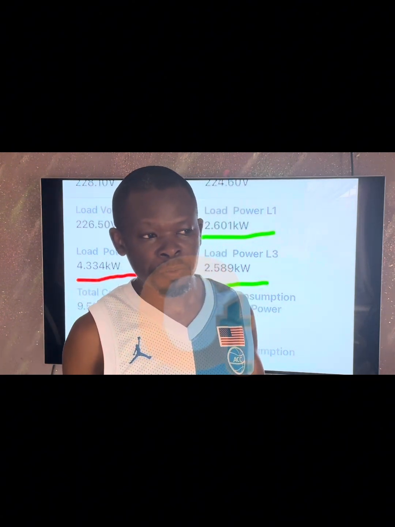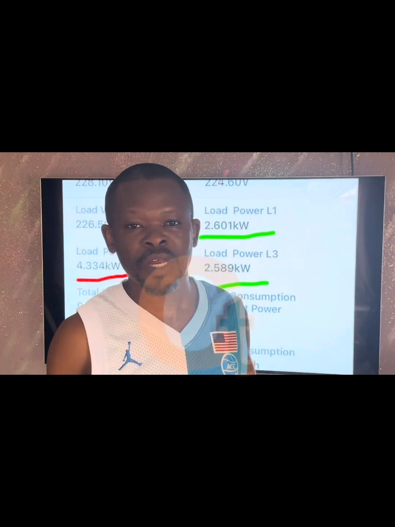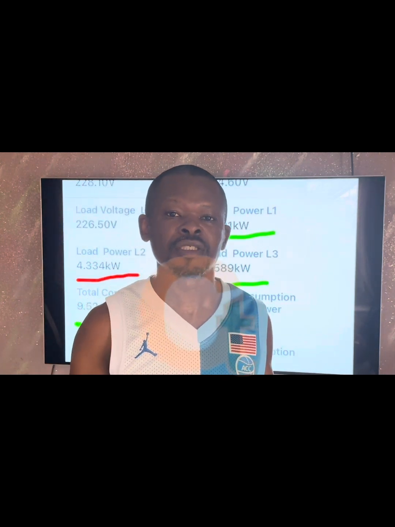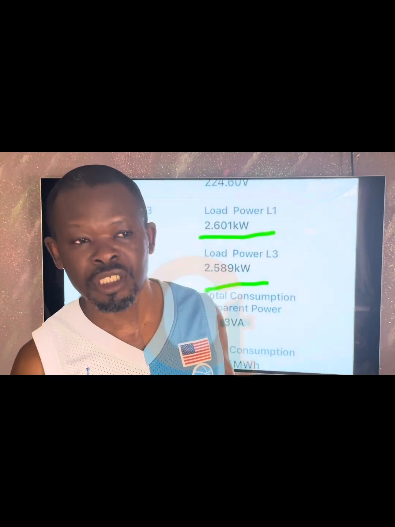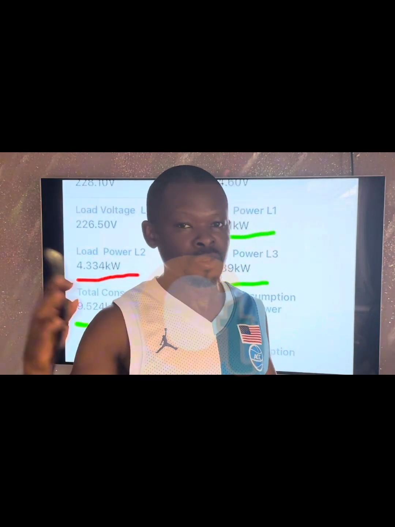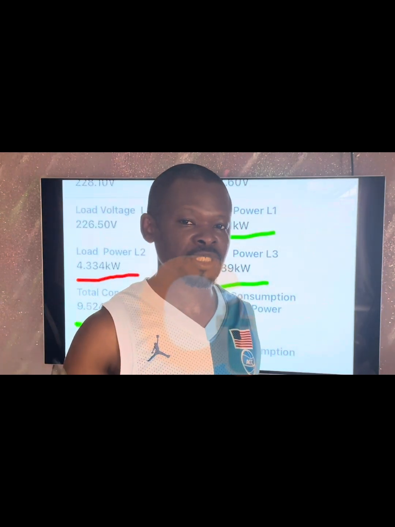Because sometimes some people will go to a place to assess the load, and you discover that the inverter you are using is way higher than the capacity. Maybe you are using a three-phase 16 kilowatt, and the load there, when you assess it, if they power everything, could be 12 kilowatt or less.